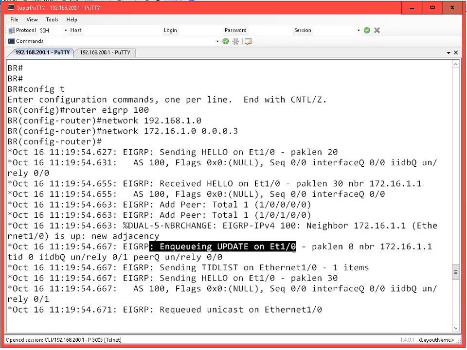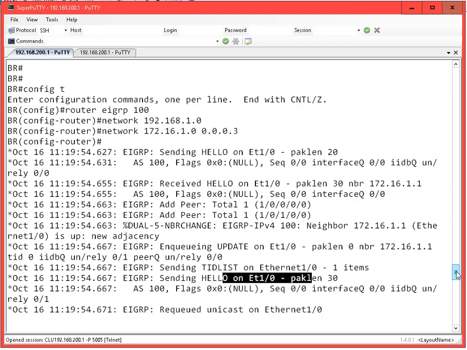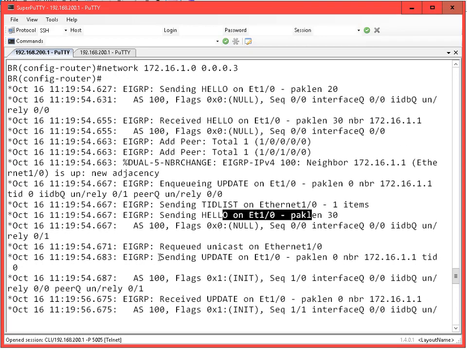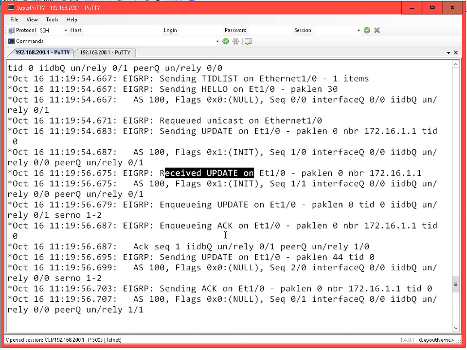So I sent out an update to the neighbor and again, another hello packet. And then I sent an update, and then I received an update, and again, sent another update. And in this case, I'm actually acknowledging the update that I had received previously. So basically, we're just seeing the transactions that occur on a regular basis between these routers.